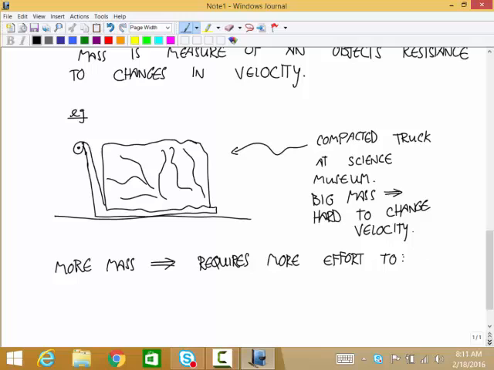And changing velocity, we can break up into two things. It requires more effort to make it change speed, up or slow down. And it requires more effort to make it turn. These two things together are what it means to change velocity. Either one of these or the combination of these.